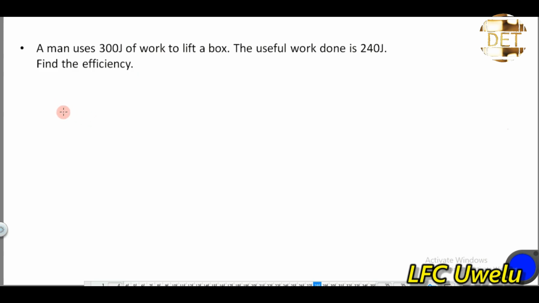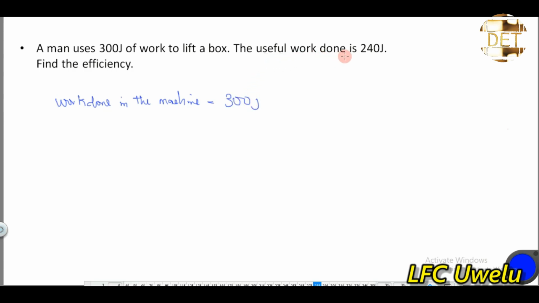That the work put into the machine is 300 joules. So work done in the machine is equal to 300 joules.